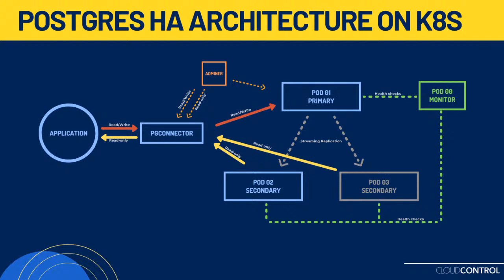Now we are going to open two connections to the PG connector image and verify what sort of connectivity PG connector is exposing against the Postgres HA setup. So let's go back to the screen now.